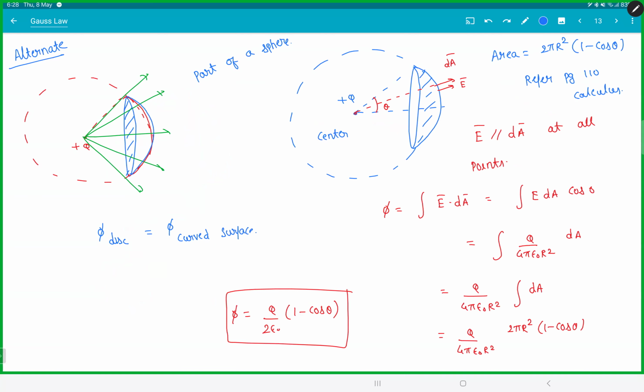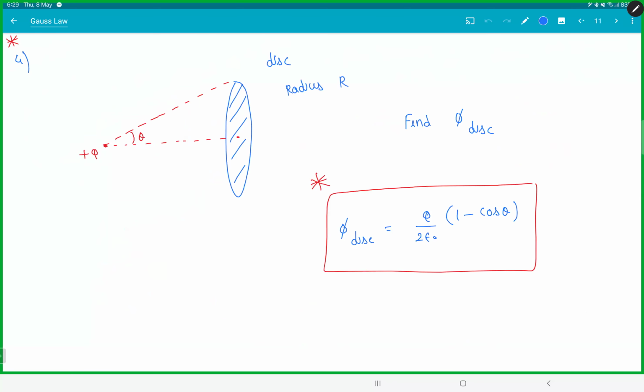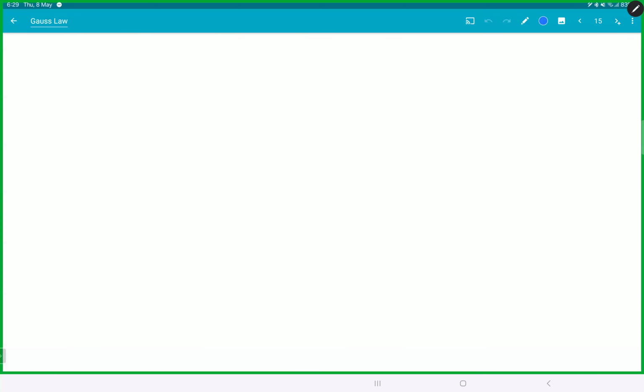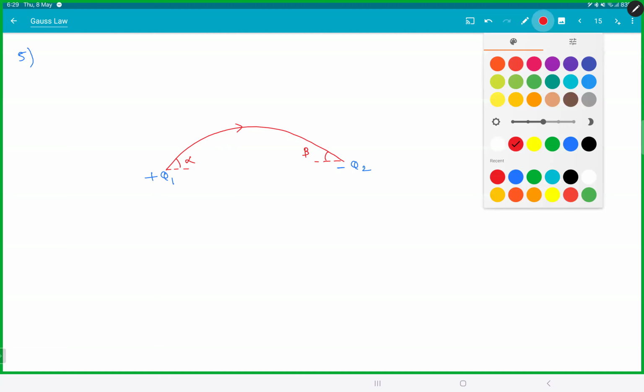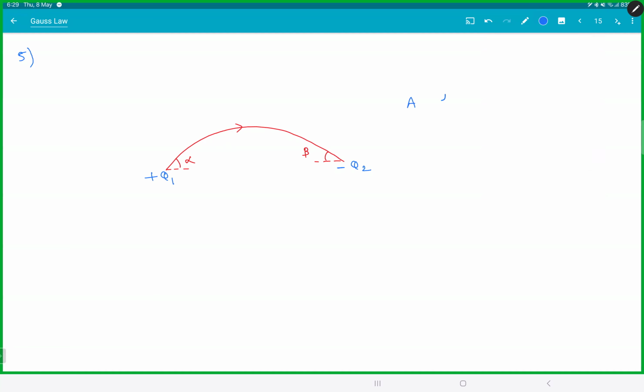So let's see a question based on this. Let's say we have two charges, q1 and a charge minus q2. There'll be a lot of field lines between them, but there's one particular field line which is leaving plus q1 at an angle alpha and enters minus q2 at an angle beta. So there are a lot of field lines, but this is one specific field line.